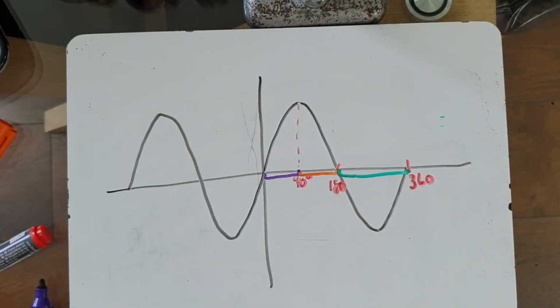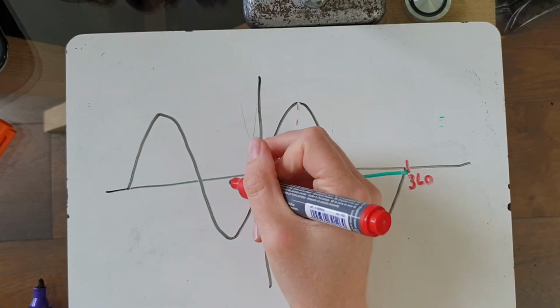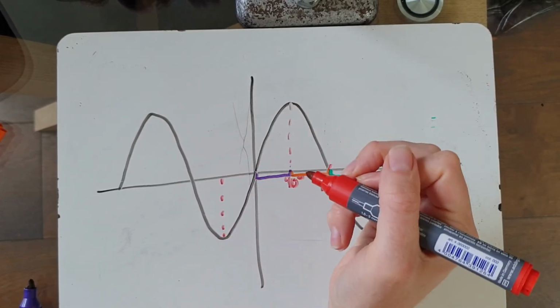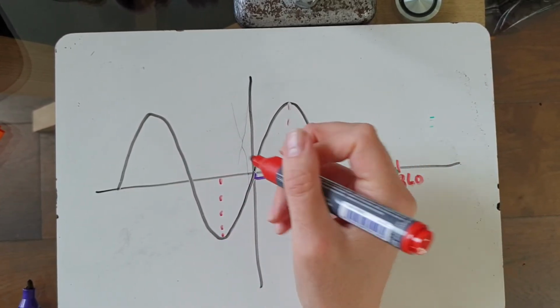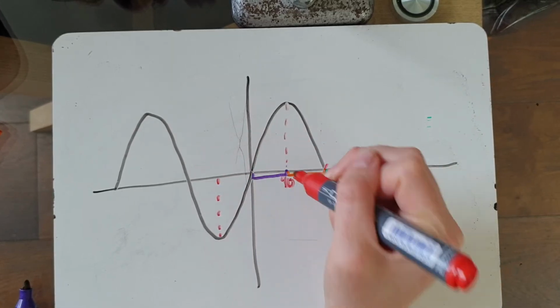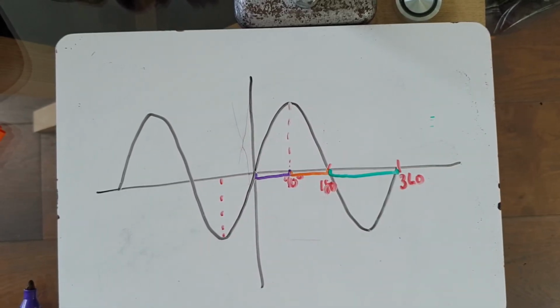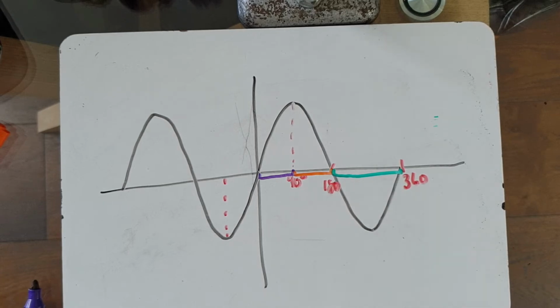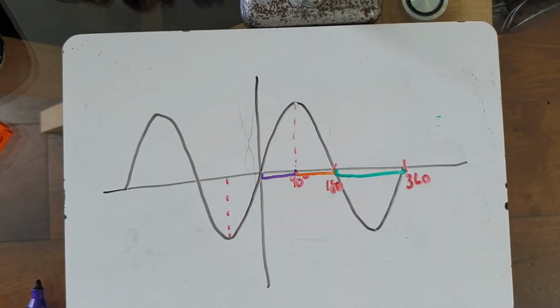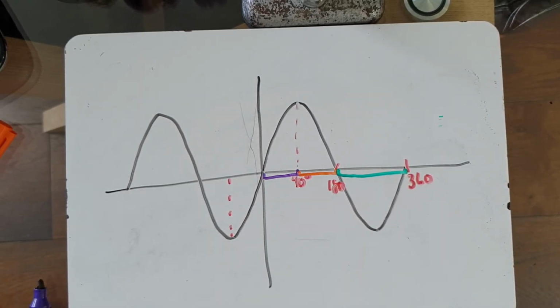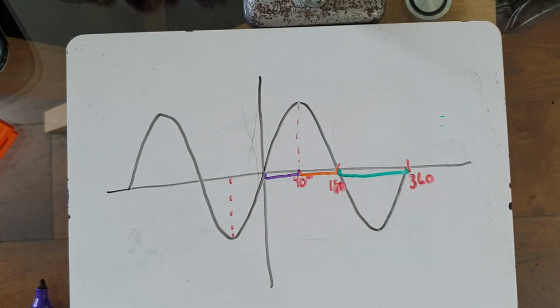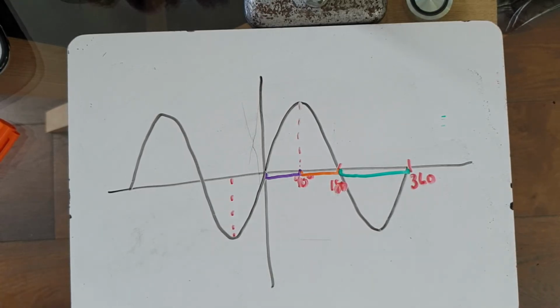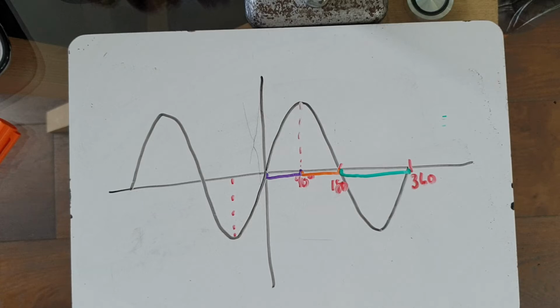When you are working with your calculator, it generally gives you angles between -90 and 90 degrees. If you want to find angles outside of that range, you will usually have to add or subtract from 180 or 360. So let's have a look at an example and I will show you what to do.